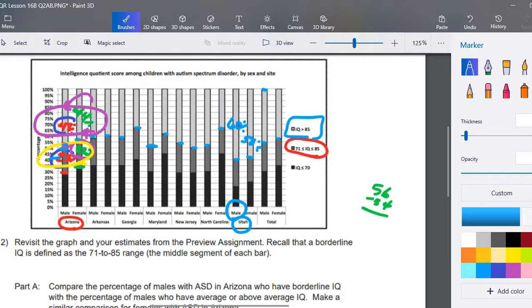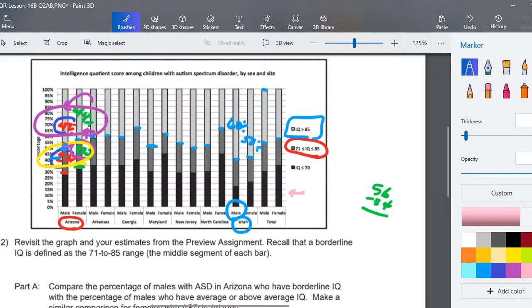Part C, which state has the highest percentage of males and females with ASD who have intellectual disabilities, the bottom segment, and then which states have the lowest percentage. Let's see if I can find one more color. And so first, males and females, the highest percentage. So I'm looking for this bottom bar to see which bottom bar is the tallest. Let's start with males.